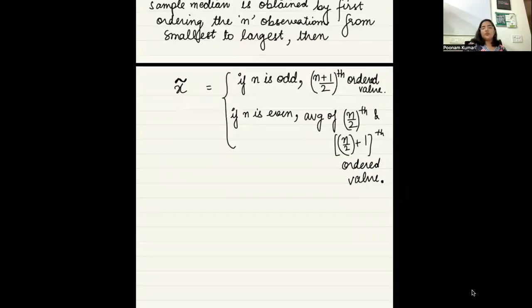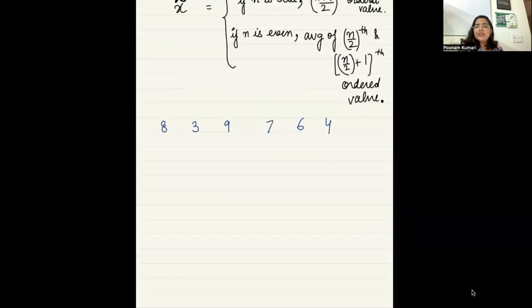Okay. So basically what that means is, let's say you have these data points: 8, 3, 9, 7, 6, 4. So what is your first step? You have to write all of this data in ascending order. So first you have 3, then 4, then 6, then 7, then 8, and then 9. So you have ordered the data. Now, how many data points you have?